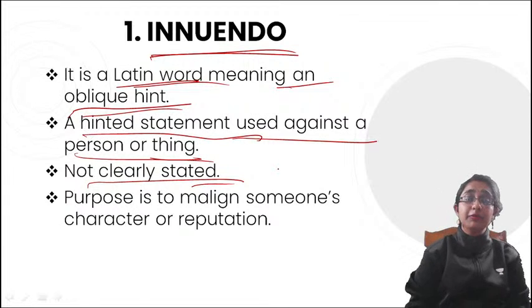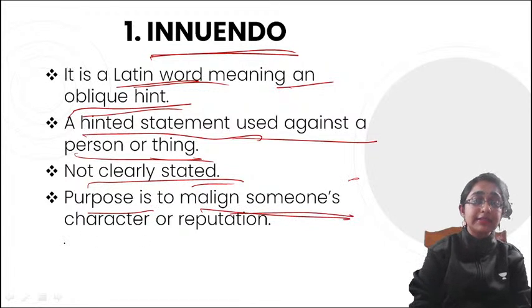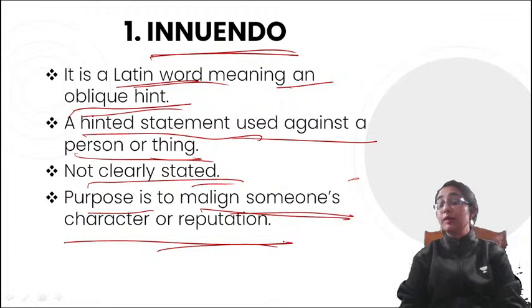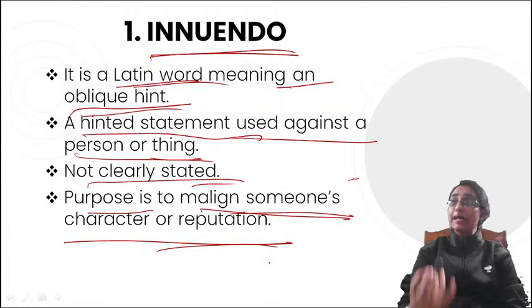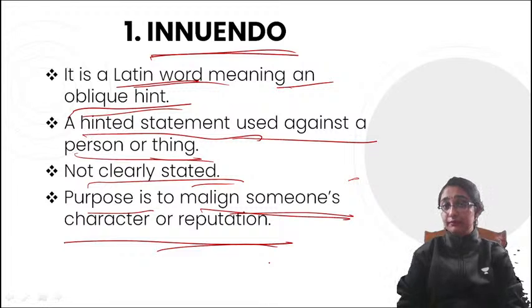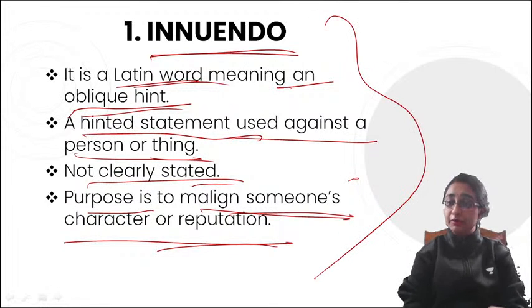And the purpose is to malign someone's character or reputation. The main purpose of innuendo is to say a satirical hint which can malign someone's reputation, which can hurt someone.